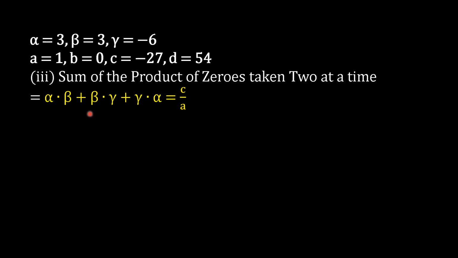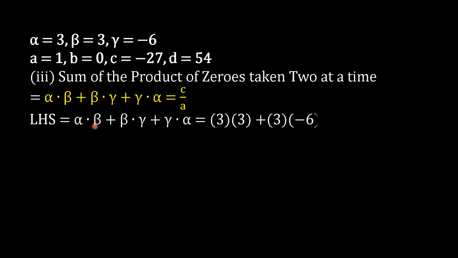We will write the left hand side as alpha beta plus beta gamma plus gamma alpha, which will be: alpha is 3, beta is 3, gamma is minus 6, and alpha is 3 again.